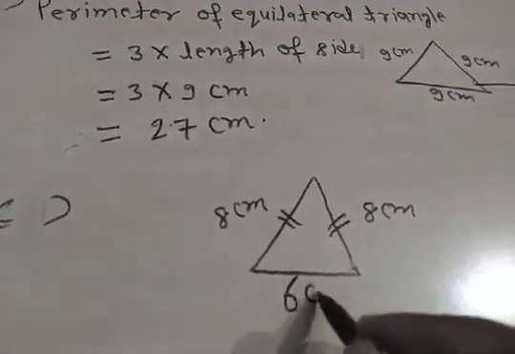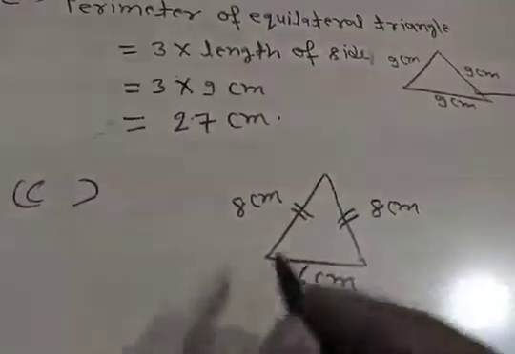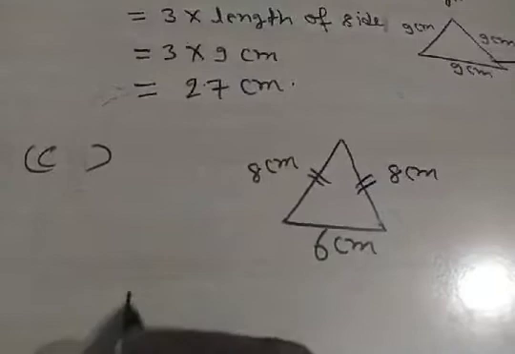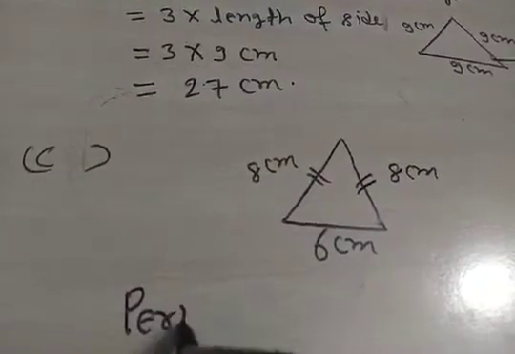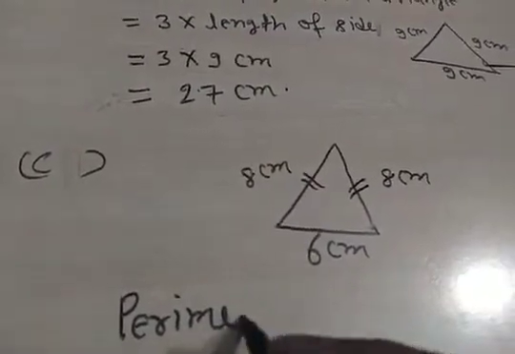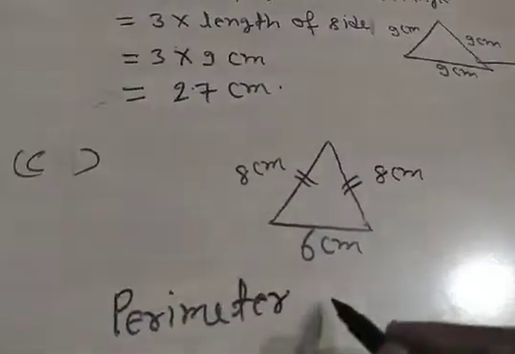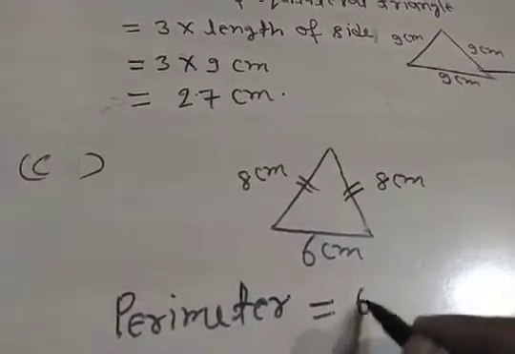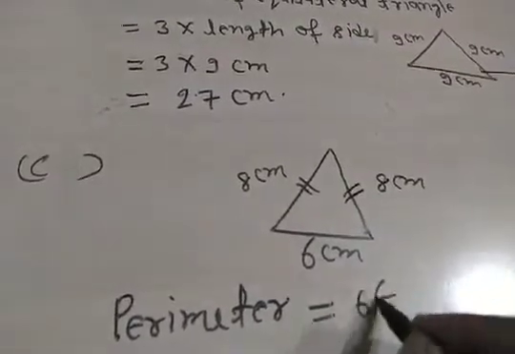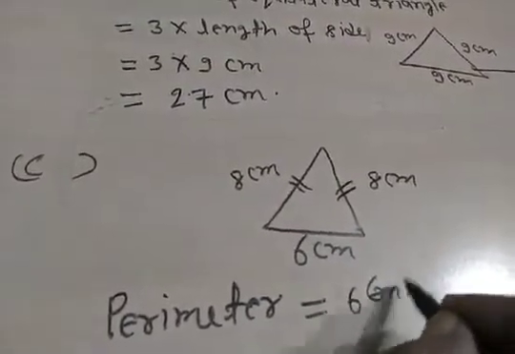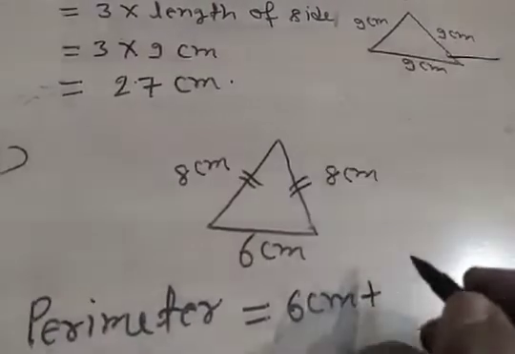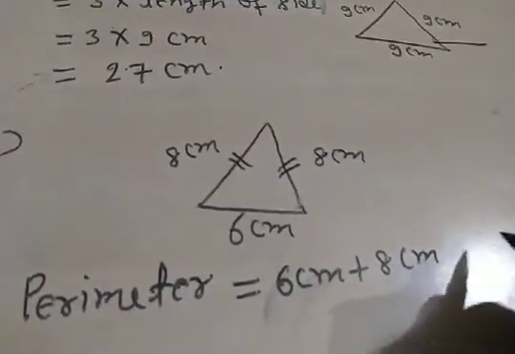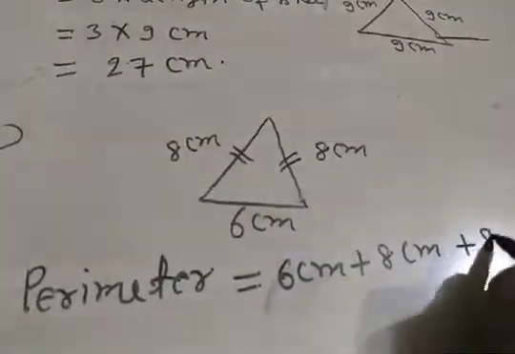So the perimeter of this isosceles triangle is the sum of the sides: 6 centimeter plus the equal sides 8 centimeter plus 8 centimeter.